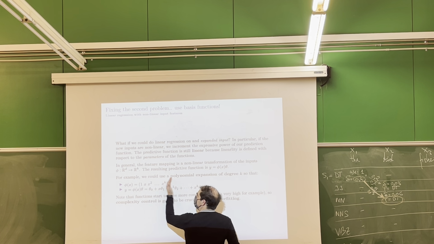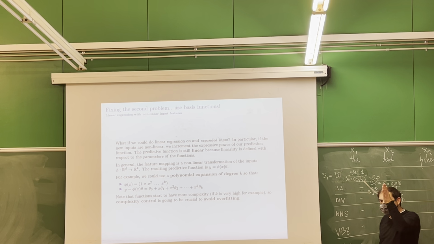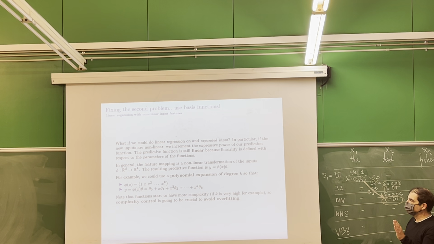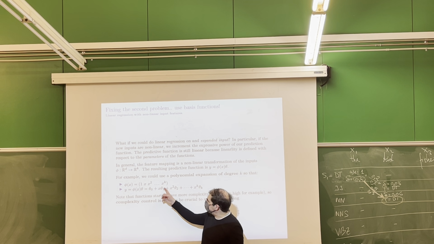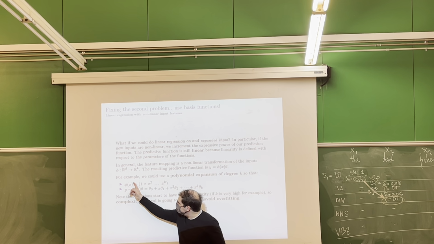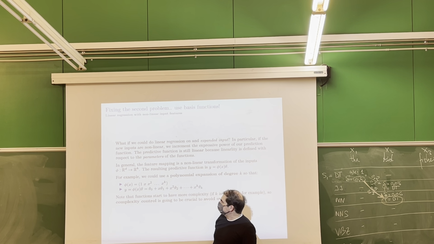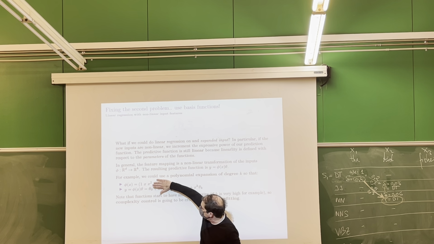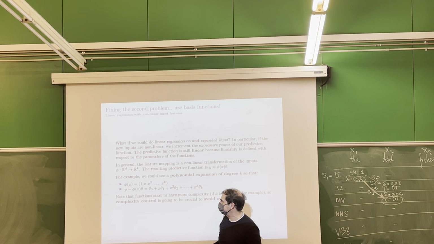So you are adding more terms, more columns to your data set. And each of these columns are quadratic, cubic terms of your data. That's why this is interesting: this is the extension of my data set. Then, instead of doing linear regression on my original data set, I do linear regression on this expanded data set.